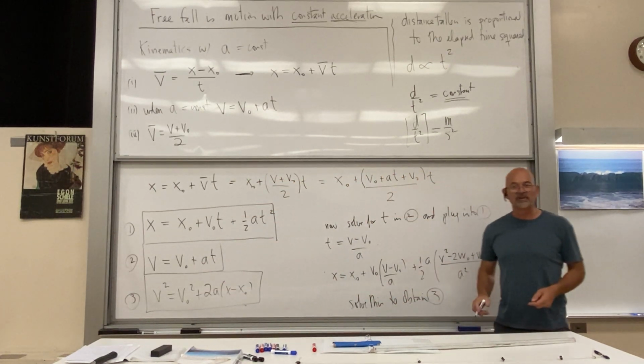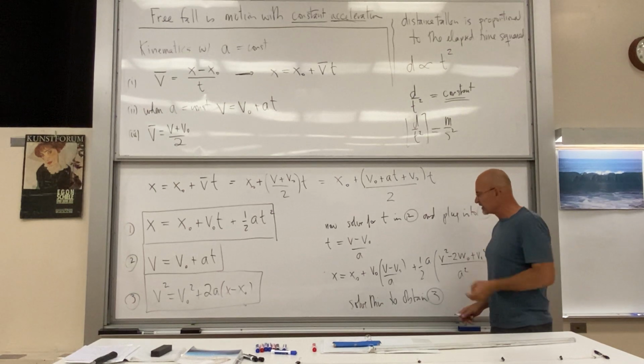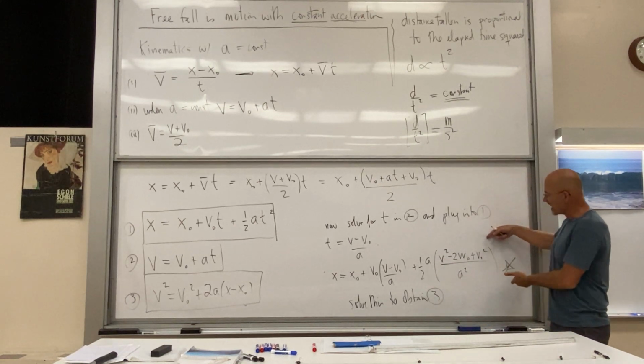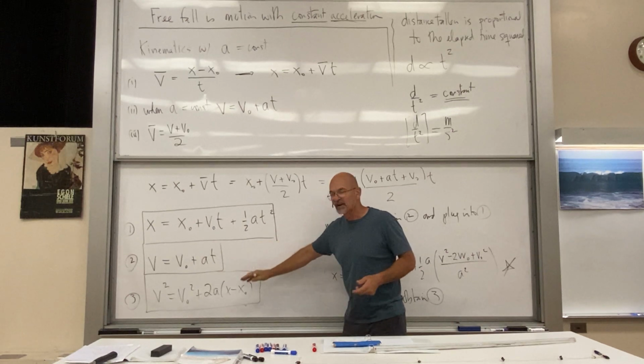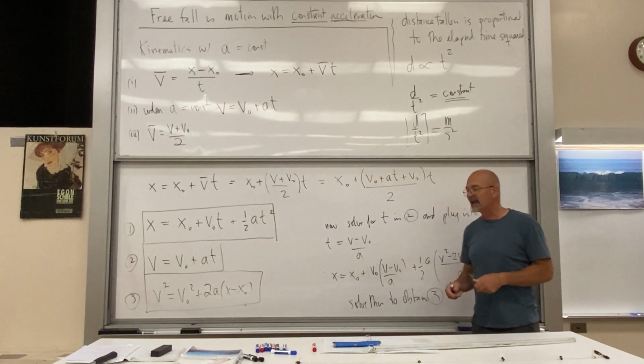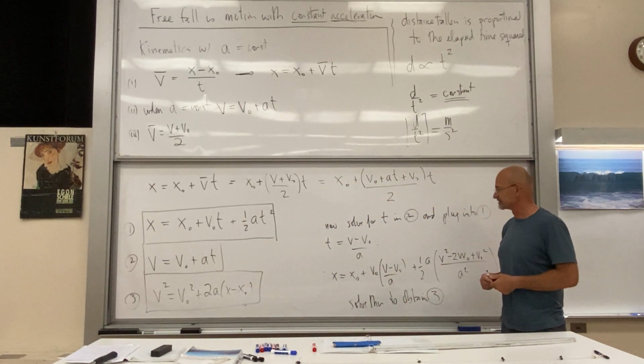This is the kind of practice you guys should be trying to get, and here's a place I left you to do that. So leave some space in your notes, and you're just going to rearrange this. It's not difficult, and you're going to obtain this. And these are the 3 kinematic equations that we use again and again and again.